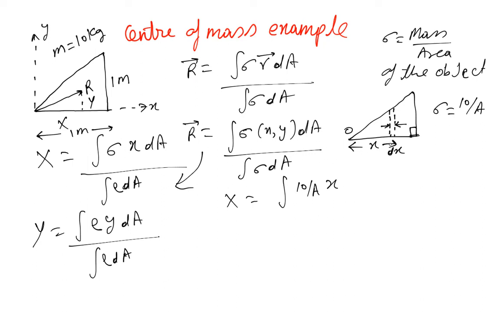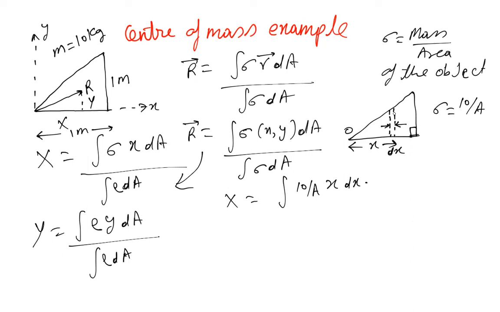So dA is going to be the length of this small area element multiplied by the thickness of the small element. Now what is going to be the length of this element? We are treating this as a small rectangle. So element dA is going to be the length times dx, which is the area of a rectangle.